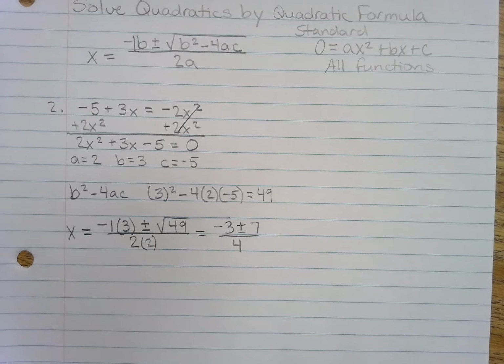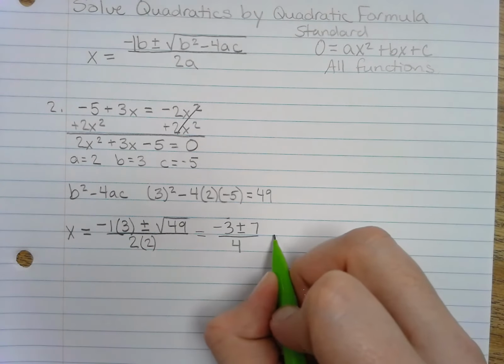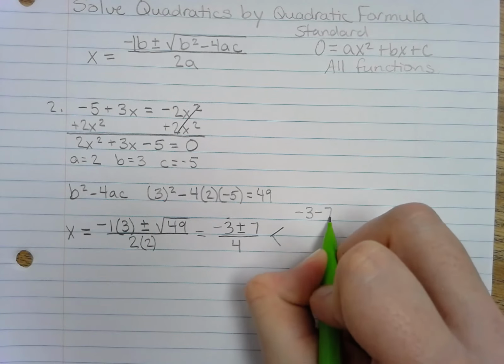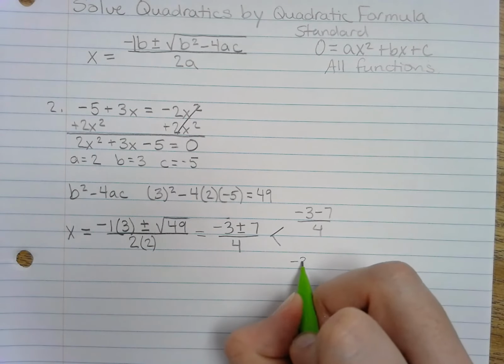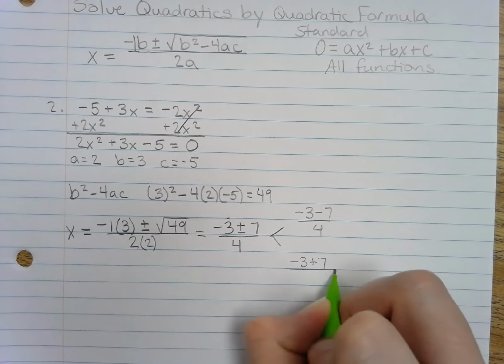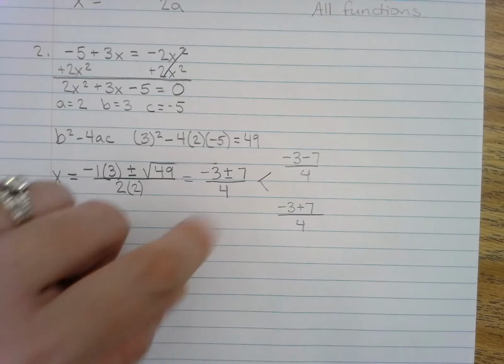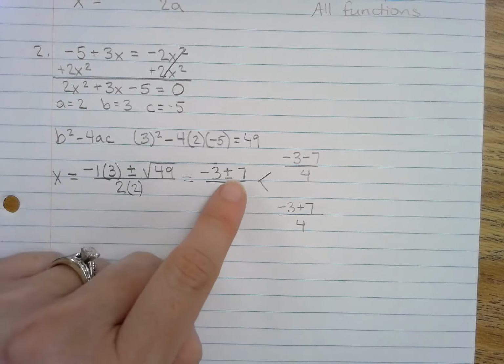So we've simplified as far as we can, so now we need to deal with this plus or minus sign. So we're going to take -3 minus 7 and divide that by 4, as well as -3 plus 7 and divide by 4. Be very careful, it's not the 3 that is plus or minus, it is the 7.